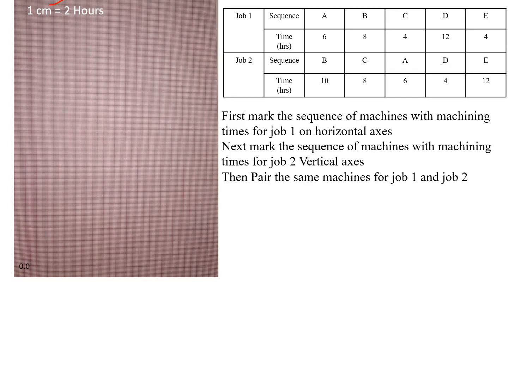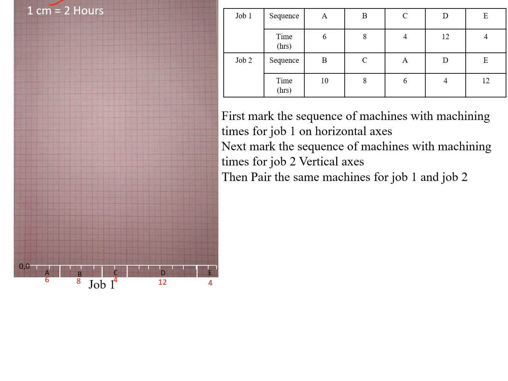To draw the horizontal axis for job 1 and mark the total machining time of 34 hours, with 1 centimeter equal to 2 hours, mark each centimeter as 2 hours, and 34 hours is marked as 17 centimeters for job 1.